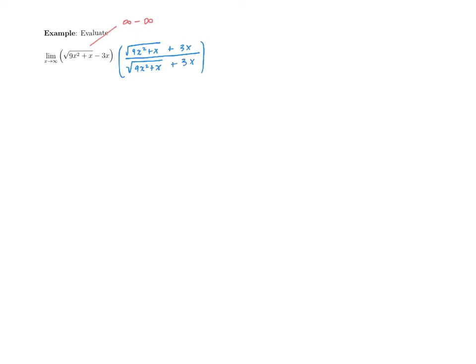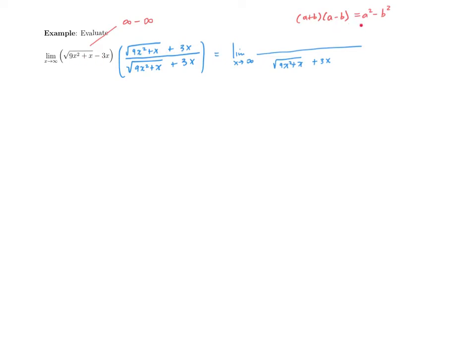And just a quick reminder to the side, if you have two conjugates, so say a plus b and a minus b, when you distribute everything out, that's simply a difference of squares, a squared minus b squared. So in our case, in the bottom, we're left with that quantity we're multiplying by. That's not going away. But in the top, note that we have a minus b times a plus b.